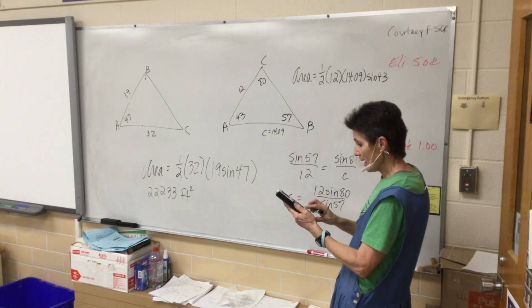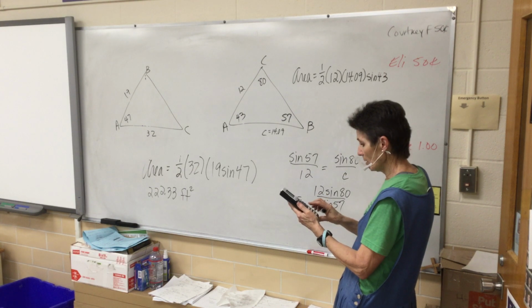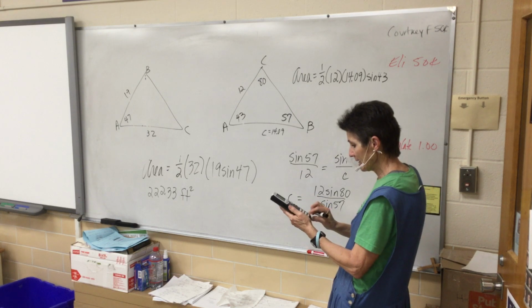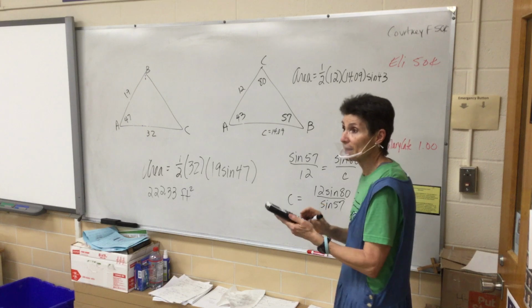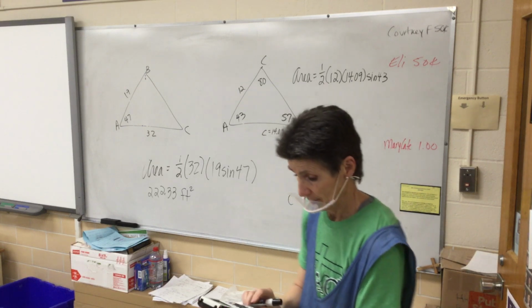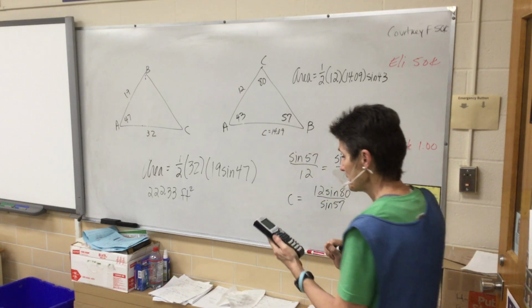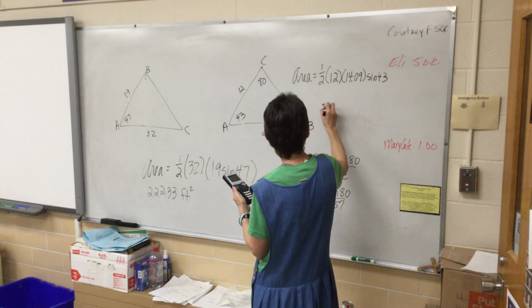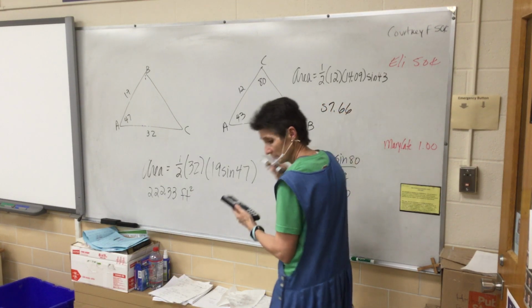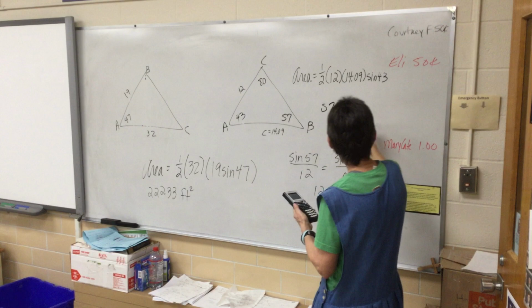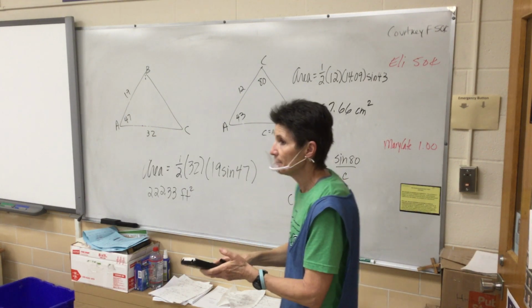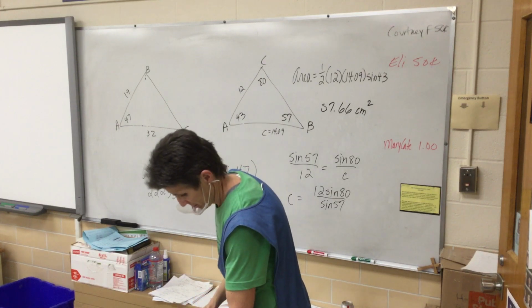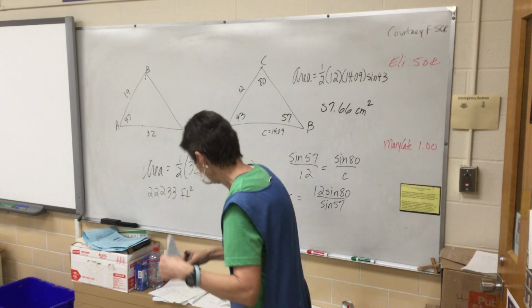So I'm going to type 1/2 times 12 times second answer times sine 43. And that way I don't have any round off there. 57.66 square centimeters. Did I do that right? Okay.